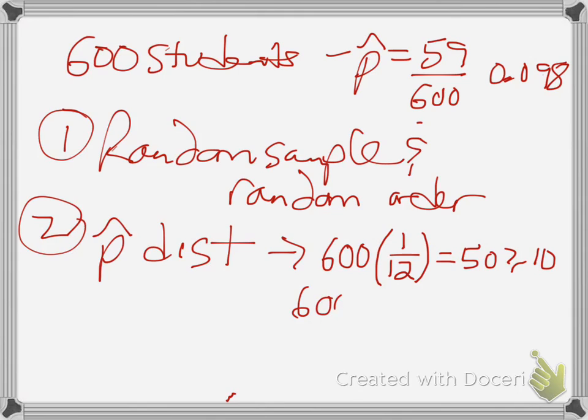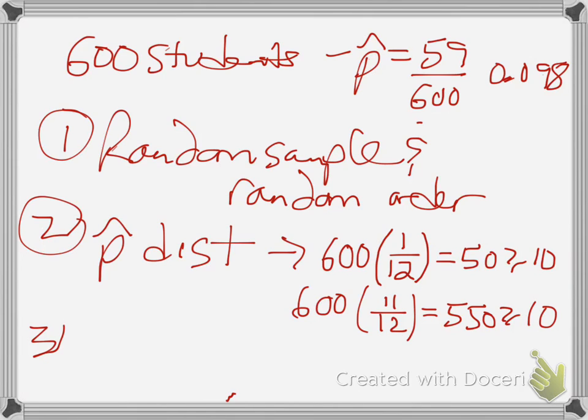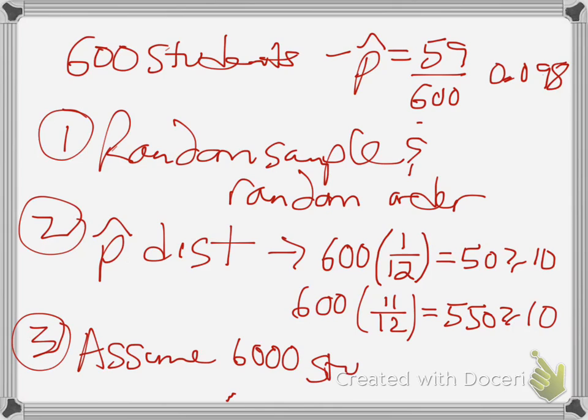And 600 times the complement of that, 11/12, is 550, which is greater than or equal to 10. Also, thirdly, we can assume that there are more than 6,000 (600 times 10) college students that you could pick. That was answer number 2.